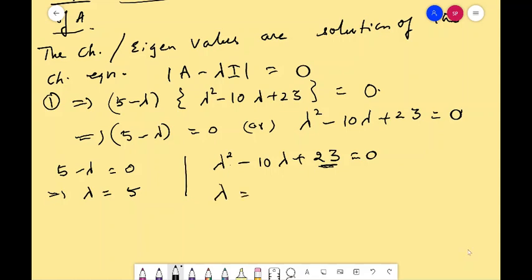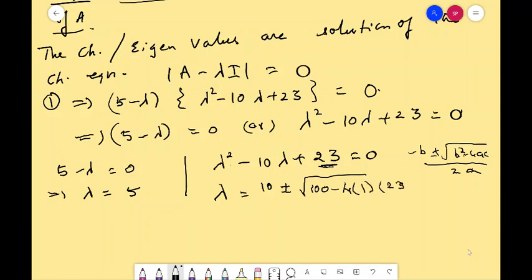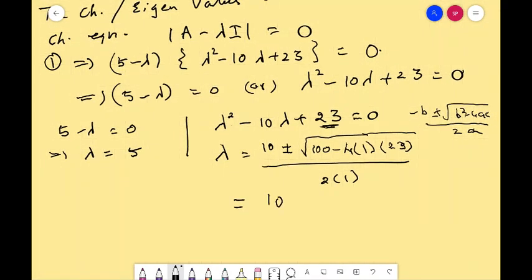Lambda is equal to minus b plus or minus square root of b square minus 4ac, by 2a. This formula we will use. So this is 10 plus or minus square root of b square is 100 minus 4 into a is equal to 1 and c is equal to 23, by 2 into 1. So this will be equal to 10 plus or minus square root of 100.